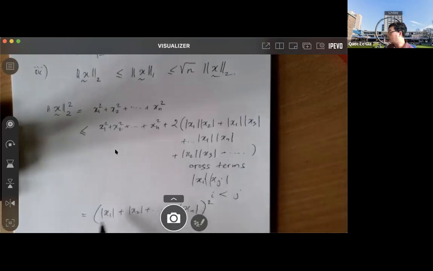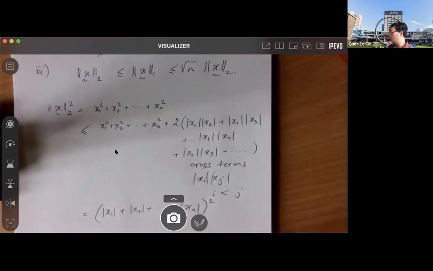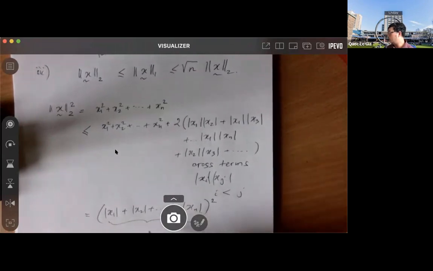Then you get all the cross terms, twice the cross terms when you order the index i less than j. Think about x1 plus x2 square: you get x1 square plus x2 square plus 2 x1 x2. Okay, so that is a similar case. But then what is this one? This one is nothing but the one norm of the vector x squared.